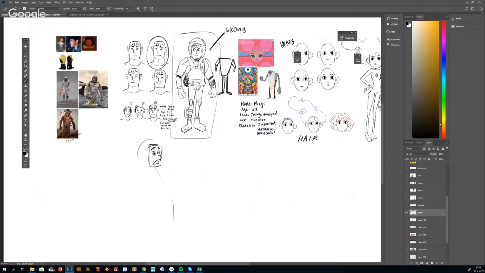Here's that action line I'm going through, and maybe he was spacewalking or something, so he's floating, or maybe he was just standing here.